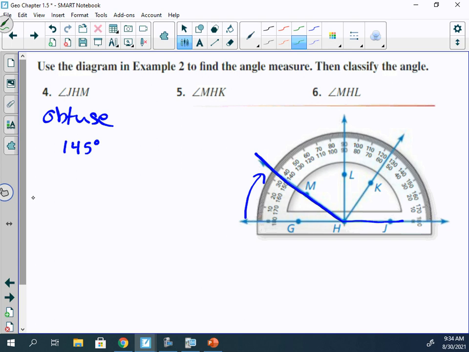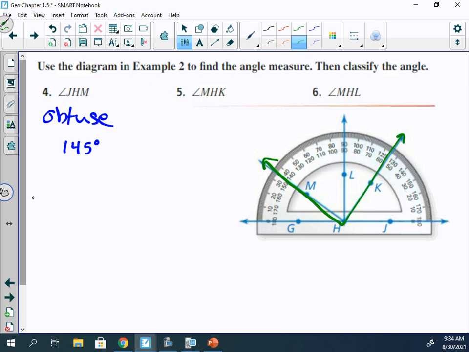Let's look at the next one, MHK. MHK. I would be hesitant at this point to say right. I'd be hesitant to say obtuse at this point because it does look like a right angle, yes? But a right angle has to be exactly 90 degrees. And the difference between 89 and 90 is so small, it's hard for us to actually see it. So we need to find the measure first.